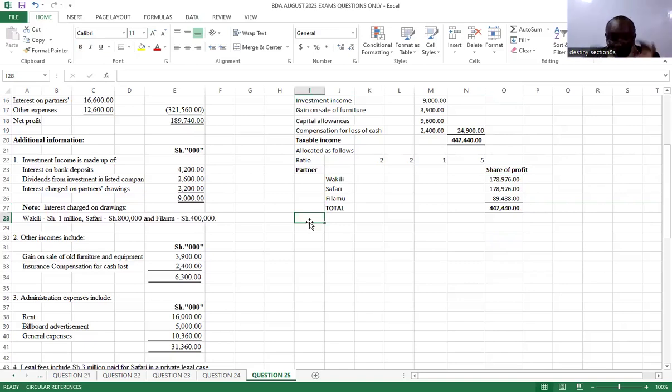So now from there we can compute the taxable profit, the taxable income, so we can talk of computation of taxable income.